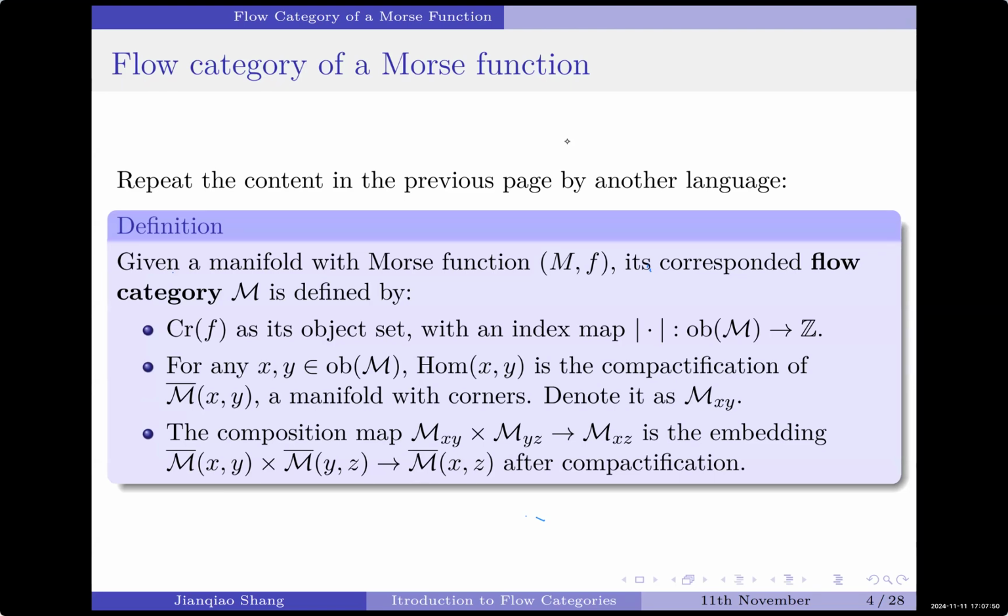So we still consider a manifold with a Morse function on it, and we can define a category M by considering its critical points as objects, and we define the index map as a grading on the objects, and we define the morphisms between x and y to be the moduli space between x and y, denoted as M_xy, and so the compactification process is translated to the embedding of the manifold here.